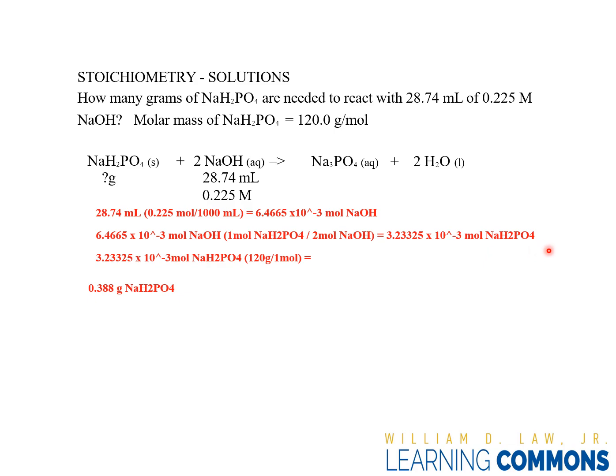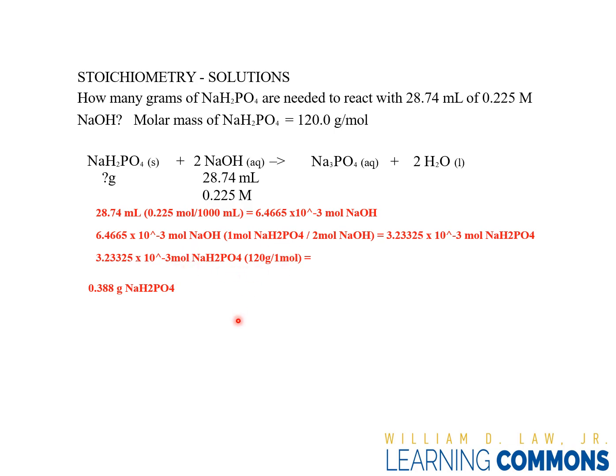And after that, he already gave me the molar mass of the sodium dihydrogen phosphate, 120, with the unit gram over mole. My final result here is in moles, and he asked me about the grams of sodium dihydrogen phosphate, so I just multiply by what he gave me, and I cancel mole with the mole here and just leave the gram.